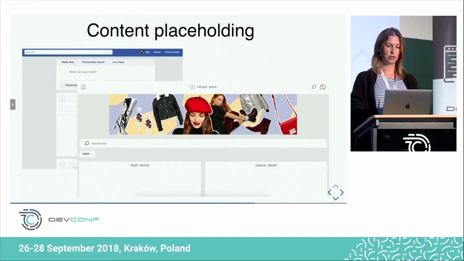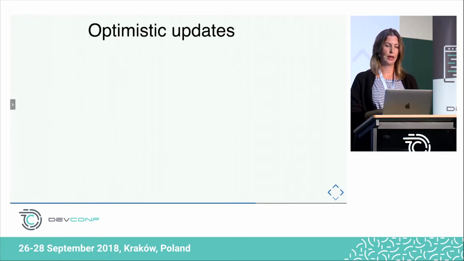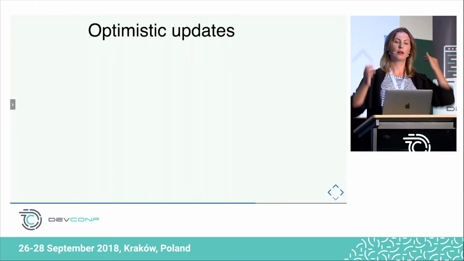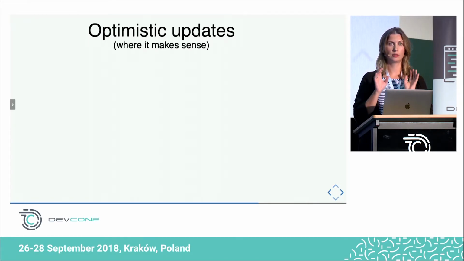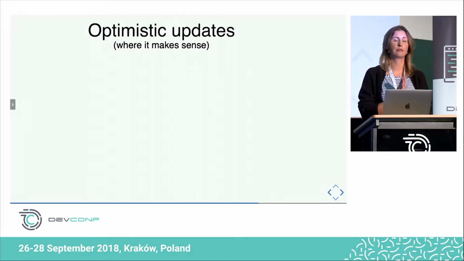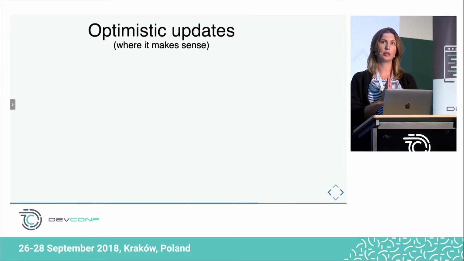Some cheat, but useful. Optimistic update is also a trick, but it needs to be used carefully, because it only makes sense when something is not really important for your business logic.